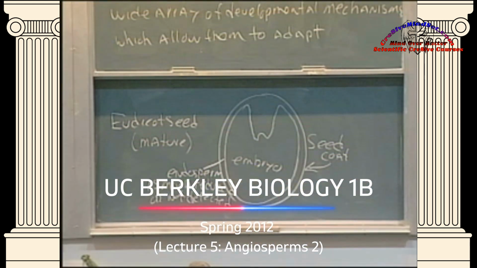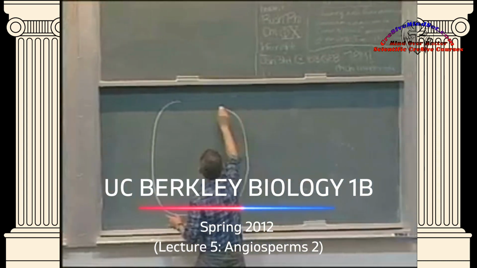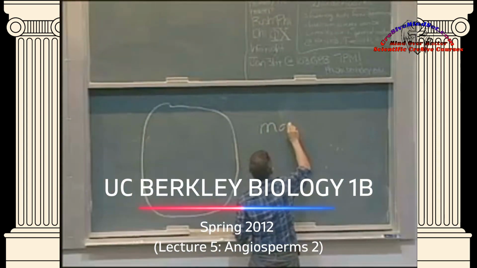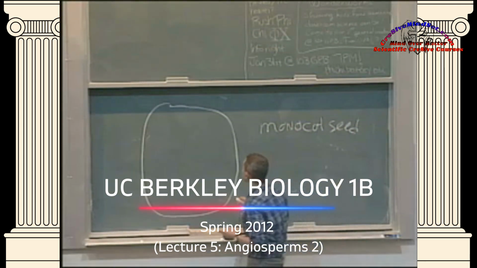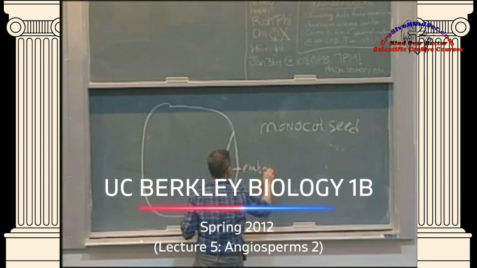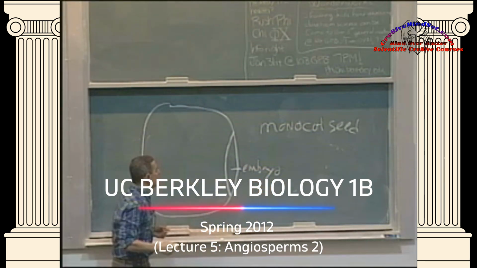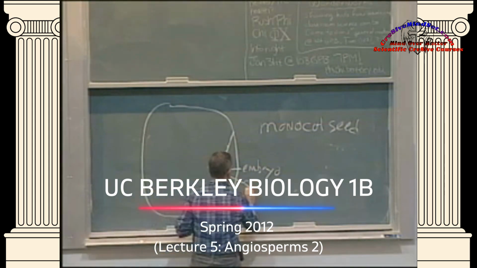In the monocots, and this is a generalization, the typical situation is quite the reverse. So let's make a monocot seed. Here we would have the embryo over to the side of the seed, and then we might have the single cotyledon.